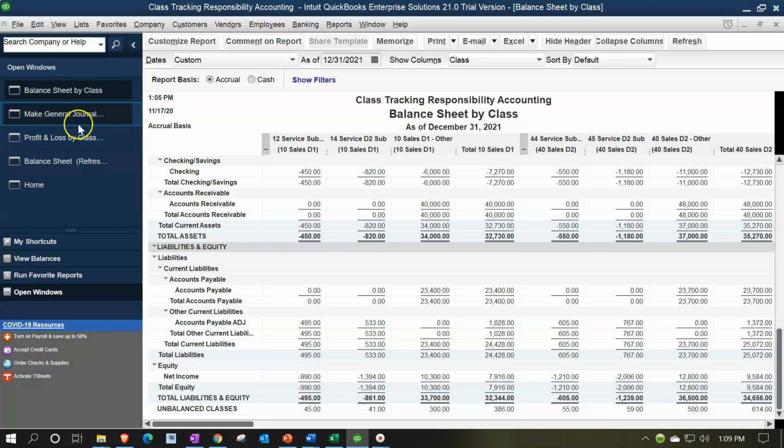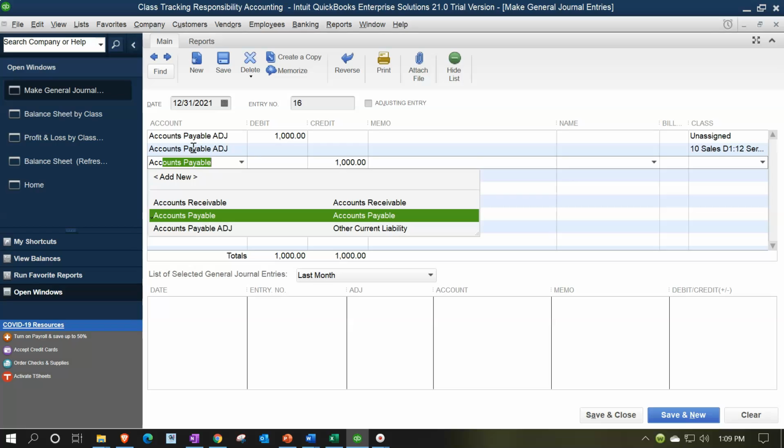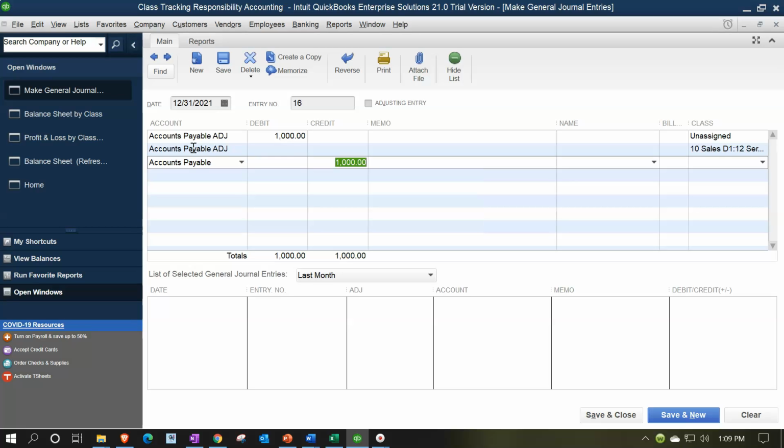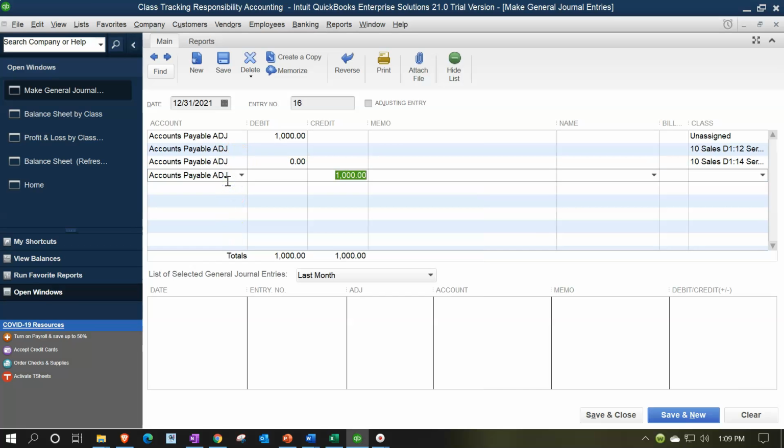So this is going to be accounts payable. I'm going to say this will be for 12 accounts payable. Deleting this for now. This is going to be 14. And then accounts payable. This should be the adjusting entry for the accounts payable. Adjusting. And I'm going to delete this for now. This is going to be the 10.